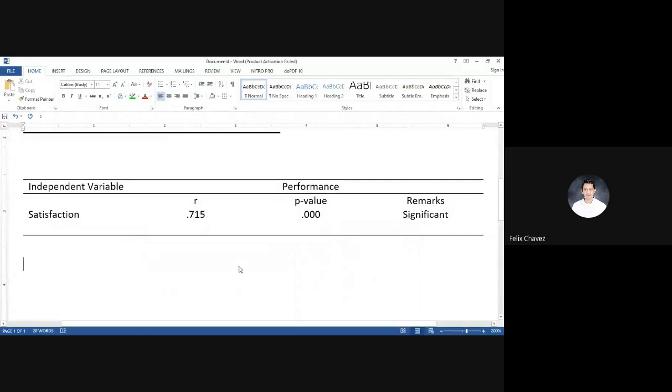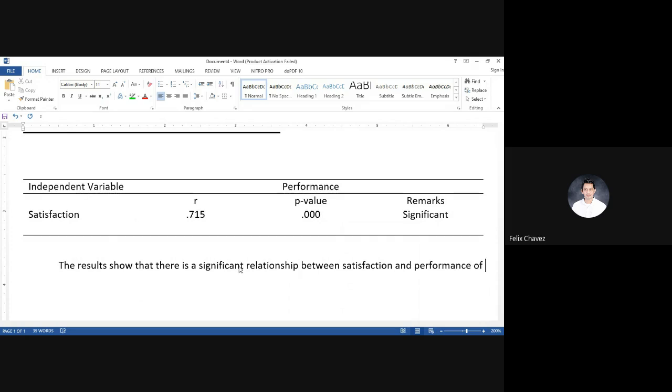So, the results show that there is a significant relationship between satisfaction and performance of employees. R is equal to 0.715. P is less than 0.05.